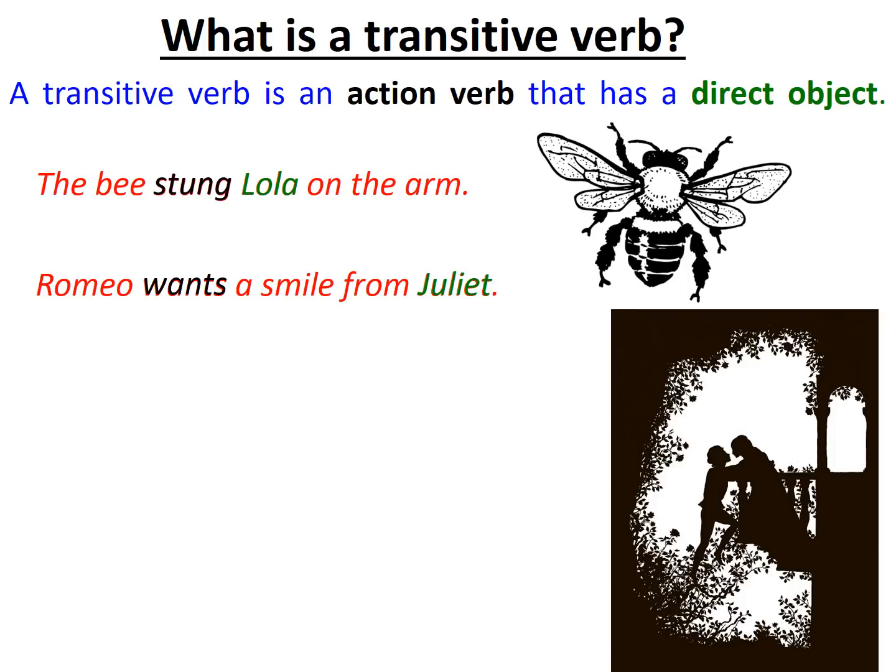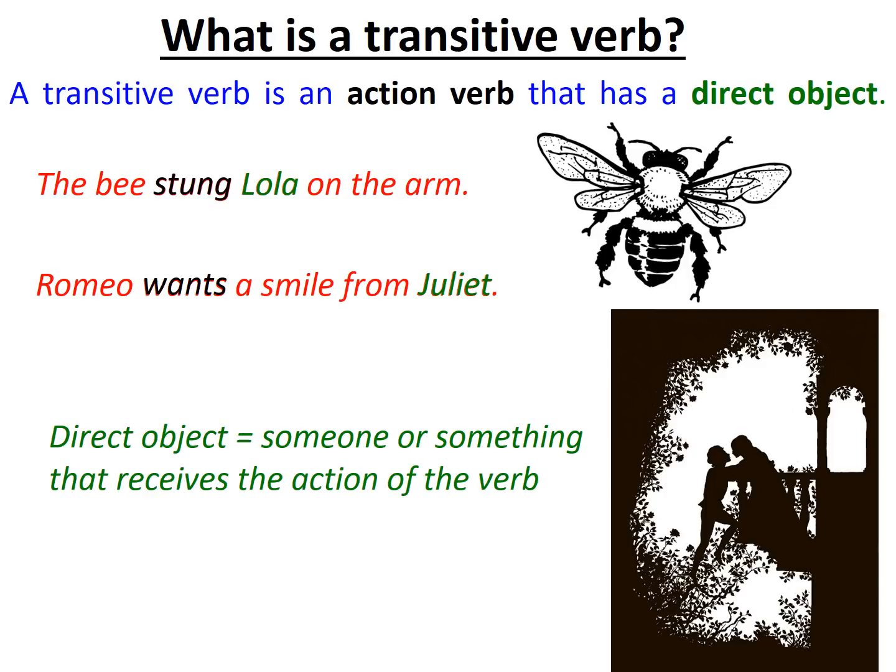So in this instance, the action is the desire to see a smile. The wanting is the action. And the direct object is actually Juliet. So just recapping, a direct object is someone or something that receives the action of the verb.